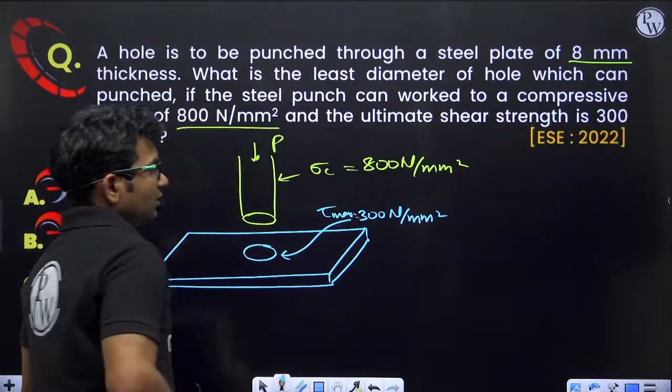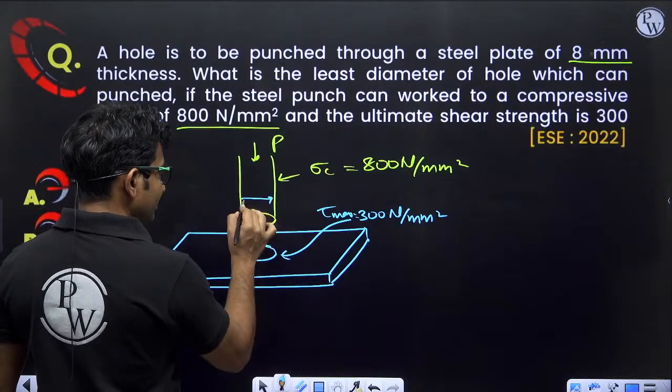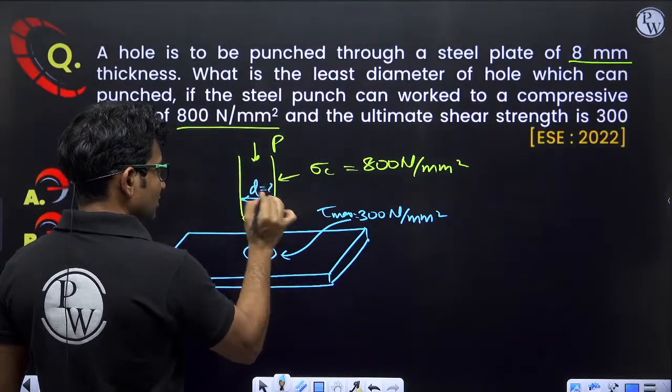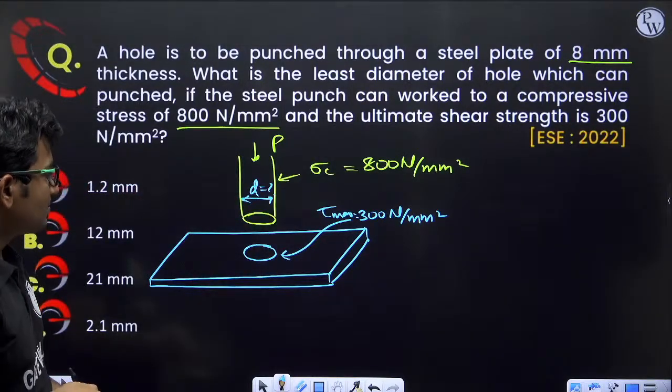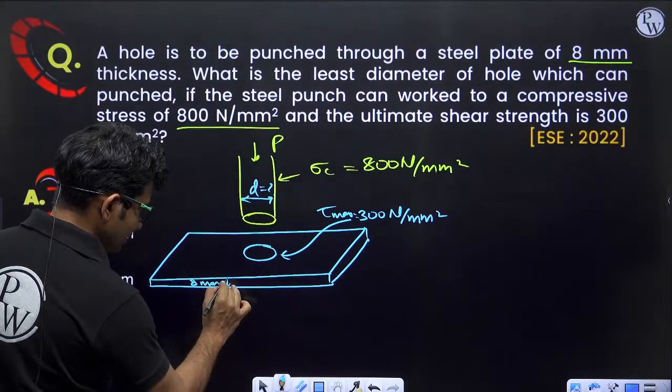So we have to find out the least diameter. What is the minimum diameter that is required? This thickness is 8 mm.